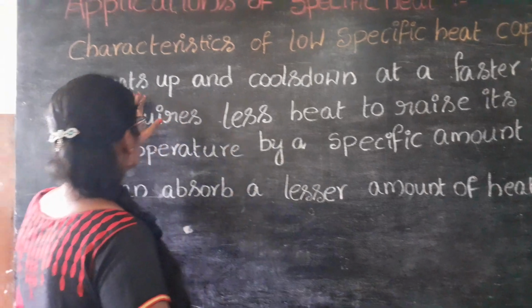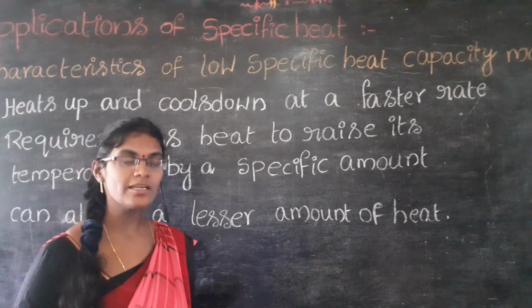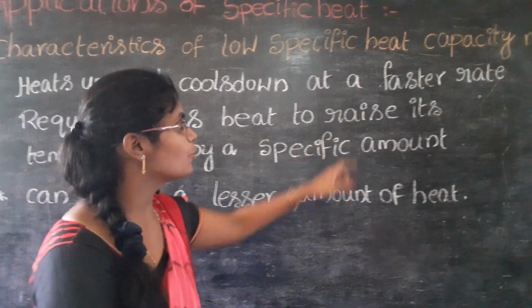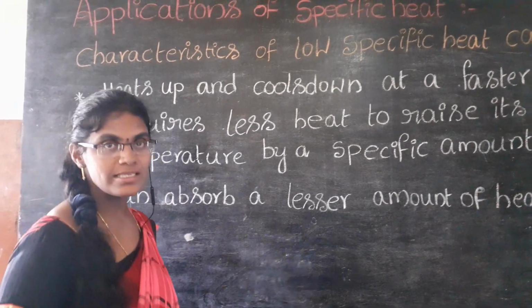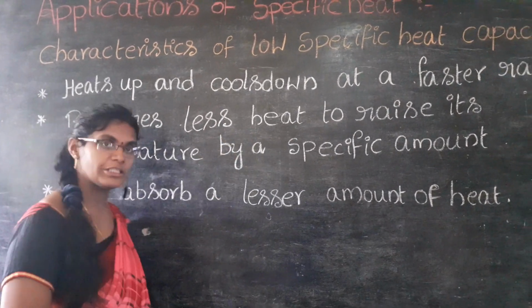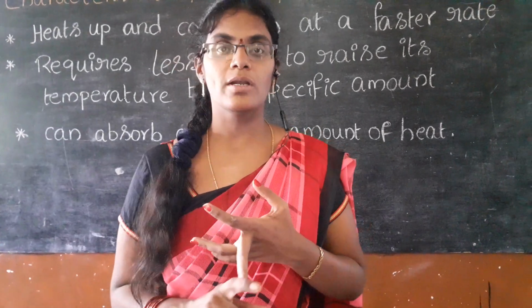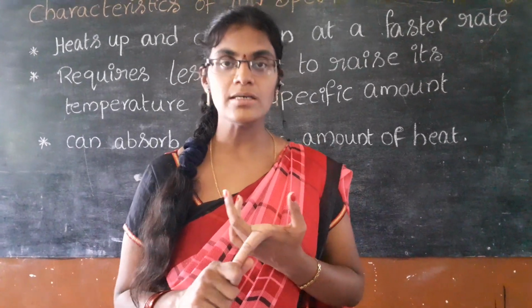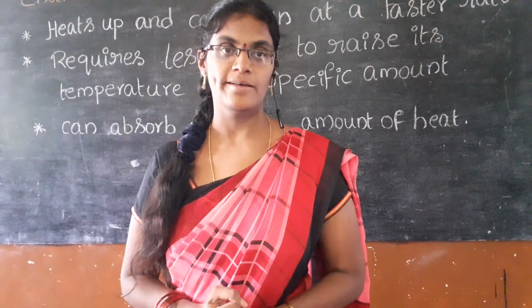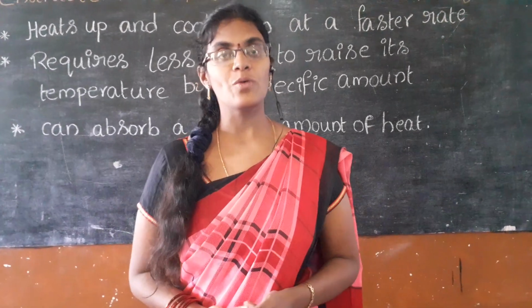Means they gain heat energy fast and lose heat energy fast, and require less heat energy to raise their temperature. For example, utensils used to make tea, coffee or to cook vegetables or rice are all made of a material which has low specific heat, to get heated quicker.